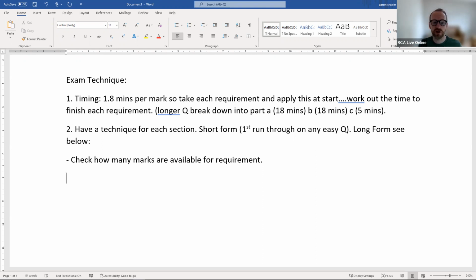Now you're going to know from that broadly how many marks there are per point. So know from today or practice how many marks are generally available for that type of requirement.